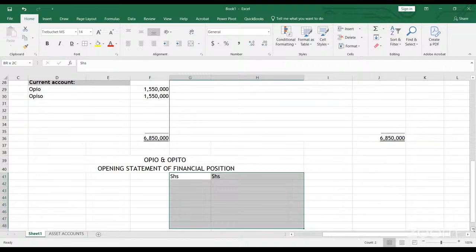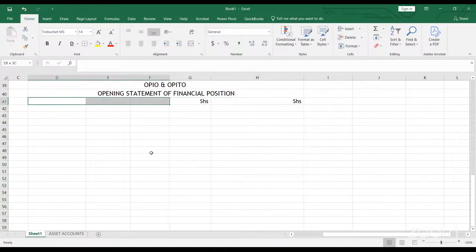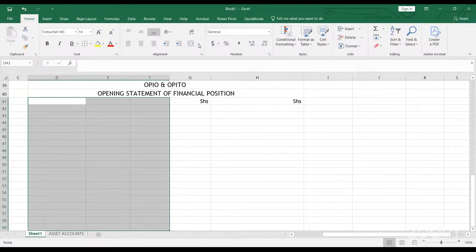Let's do this statement very fast, the opening balance sheet for those two partners.